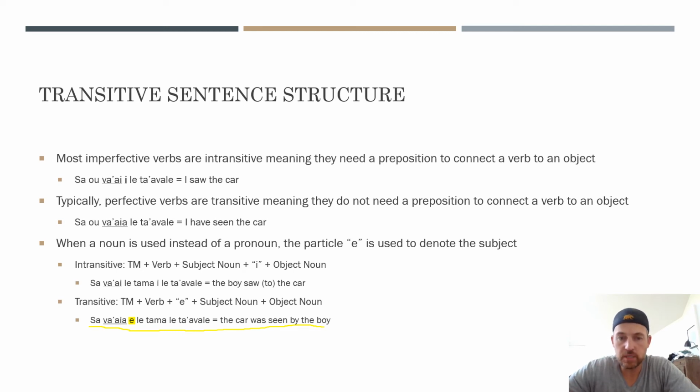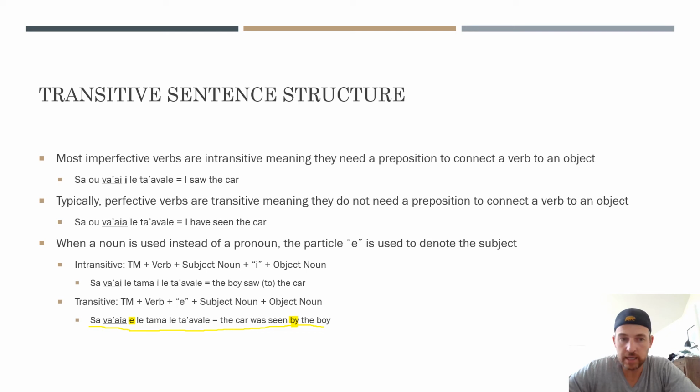That gets a little confusing because in English, we can flip the nouns differently than in Psalm 1. But notice that "by" is marking the subject noun in this sentence, the same way that the particle e marks the subject noun in the Psalm 1 sentence. So that's kind of how I'd look at it. You could actually flip these nouns and say sa va'aya leta'avale eletama, and then it would look a lot like the English sentence.